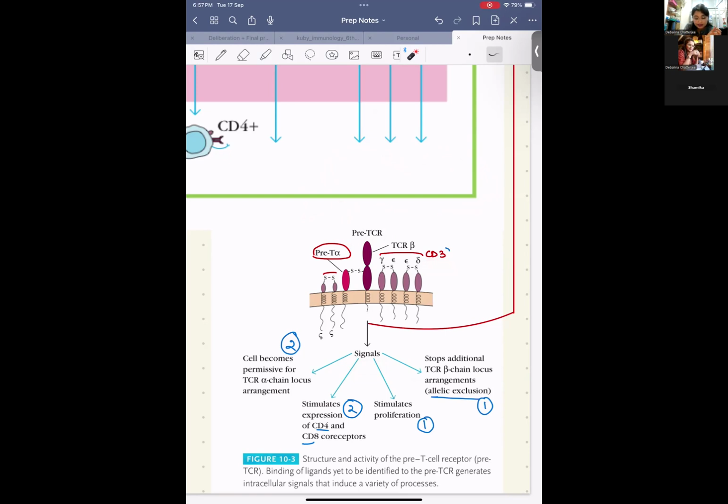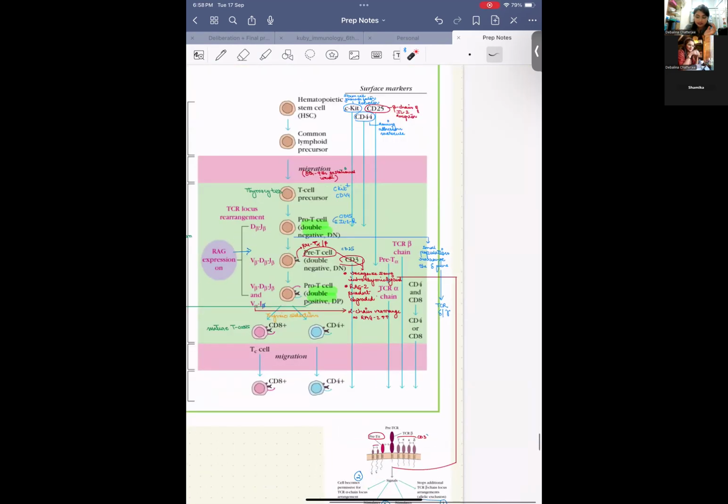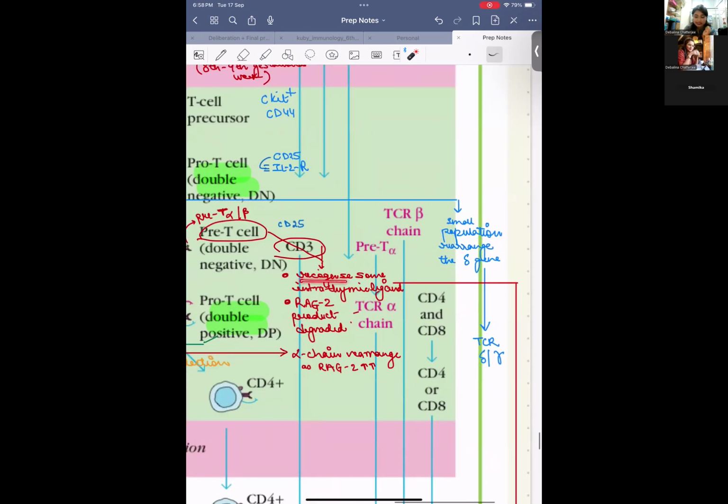So whenever we have a ligand binding to this pre-TCR, which is in association with the CD3 molecule, we have the signals that can guide the following processes. So it is not your pre-TCR joining with the CD3 that is initiating this signal. It is guided by the intrathymic ligands.